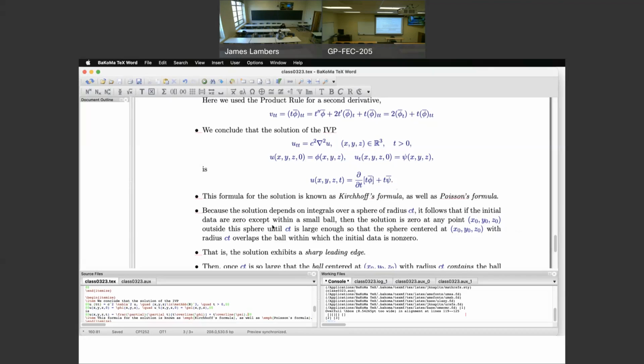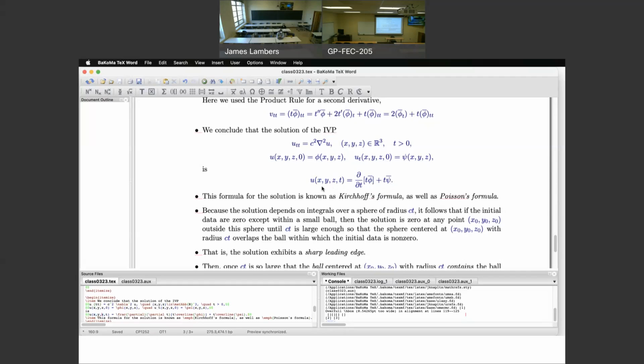So let's suppose the initial data is 0, except within a small ball. Because keep in mind, we're taking the average of these over a sphere where the center is at x, y, z, and the radius is c times t.